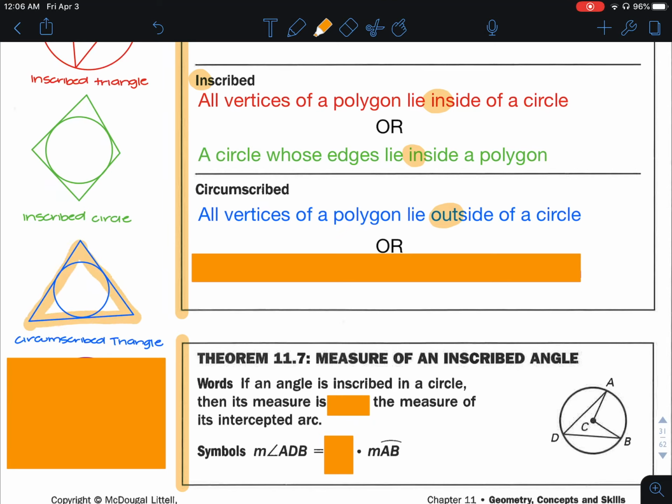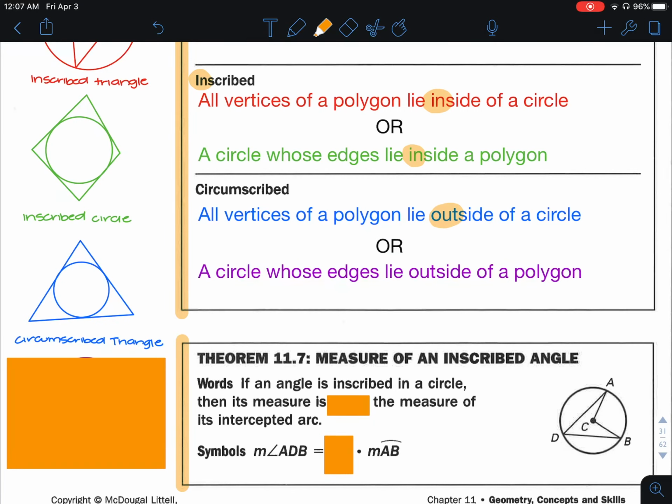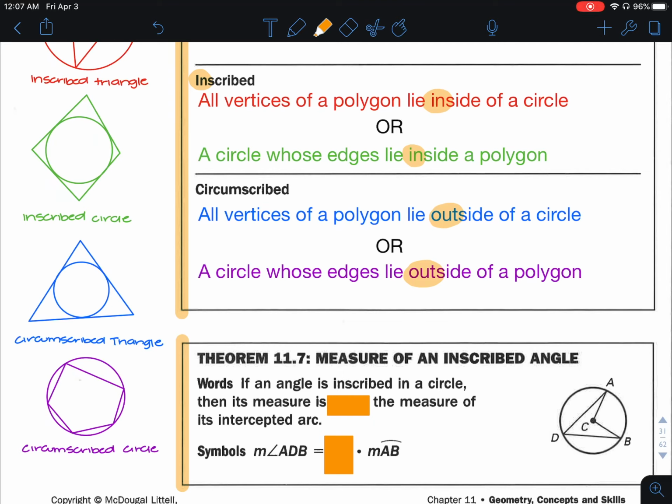So it is a circumscribed triangle because a triangle is outside of that circle. Okay. We also have this one here. A circle whose edges lie outside the polygon. Again, we see that outside. This is that picture in the purple. This is a circumscribed circle because that circle is on the outside of that polygon, which is on the inside. Okay.